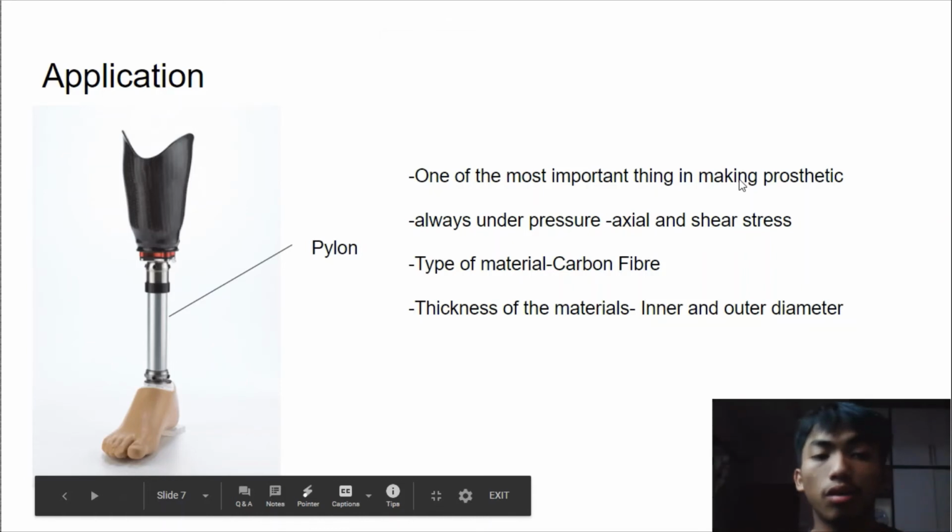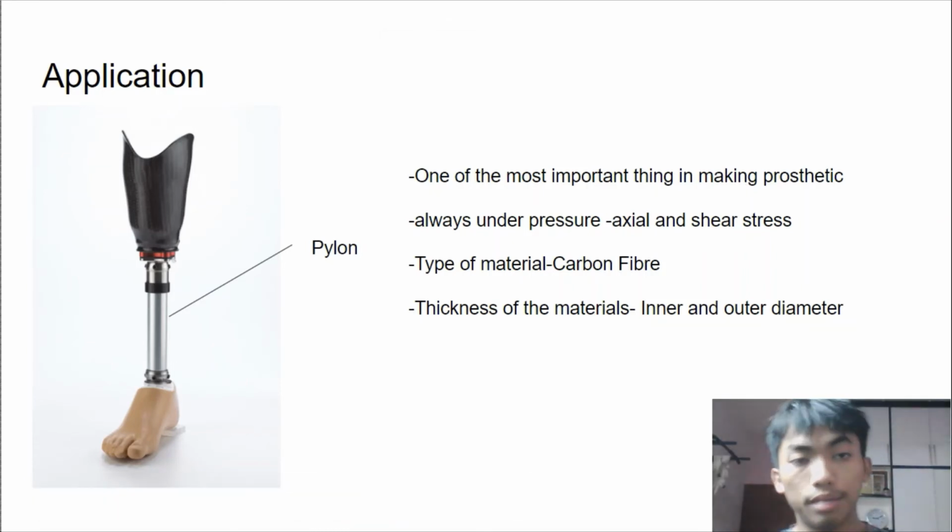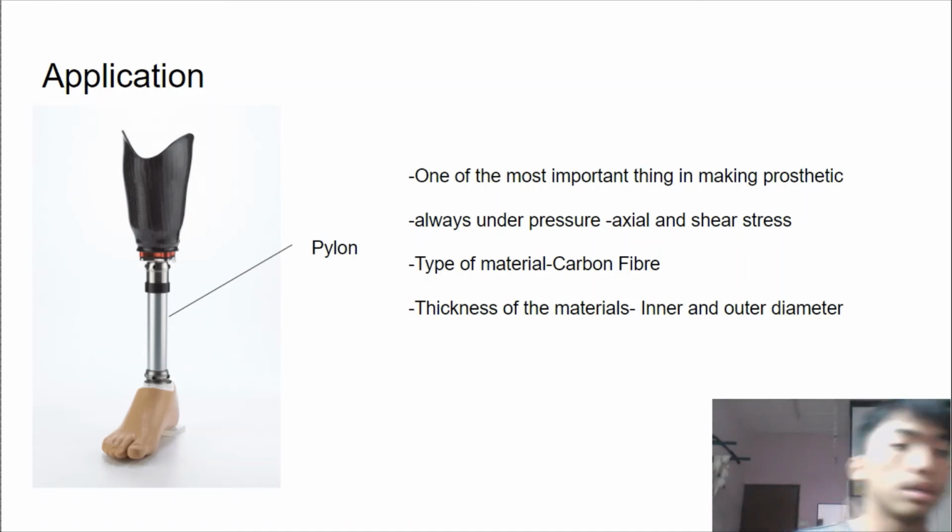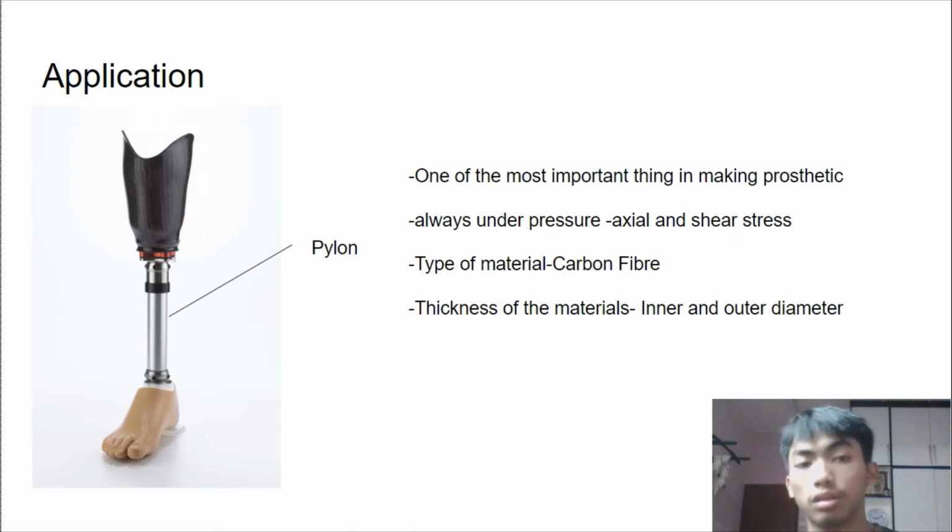For the application of our case study, we found that in making the best transtibial prosthetic, the pylon is the major part. This is because the pylon must have strength and longevity, since it is always under pressure, especially while the patient is walking.